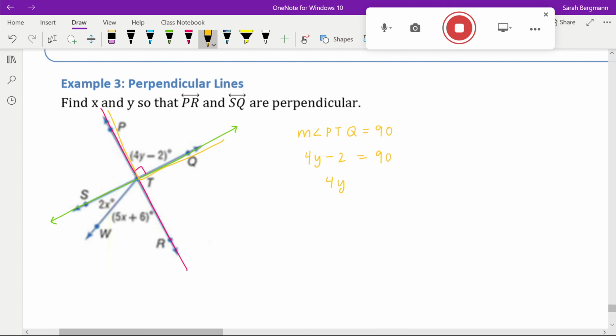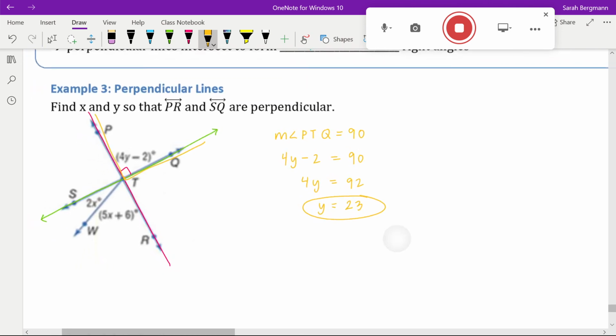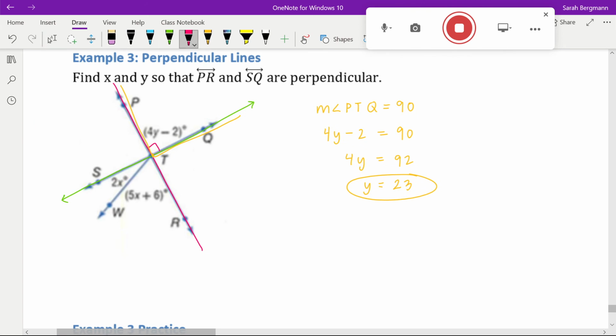And now it's just an algebra problem. Add 2 on both sides, divide both sides by 4. You get y is 23. Similarly, if these are going to be perpendicular, I know that the measure of angle STR must be equal to 90.